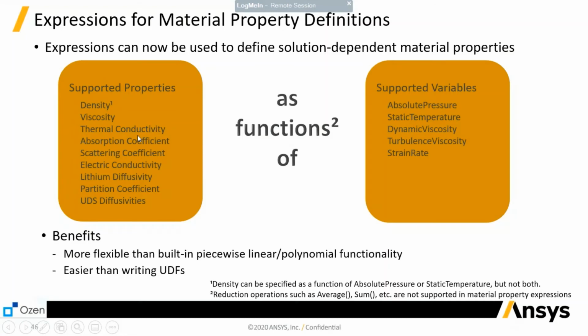The other thing is that a lot of properties, such as density, viscosity, conductivity, and coefficients can be put as a function of pressure, temperature, viscosity, etc. This is very interesting. For example, properties can be put as a function of either pressure or temperature, but not both of them.